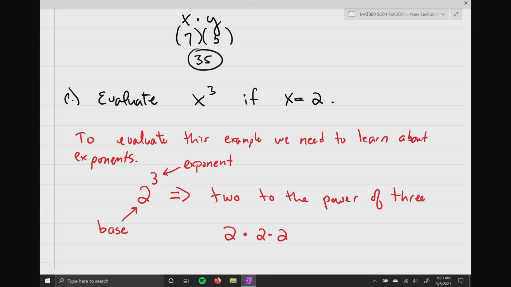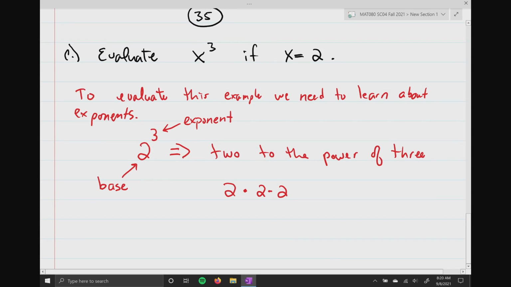All right? Mathematically, and this is our real first definition here, a to the n means multiply n factors of a.